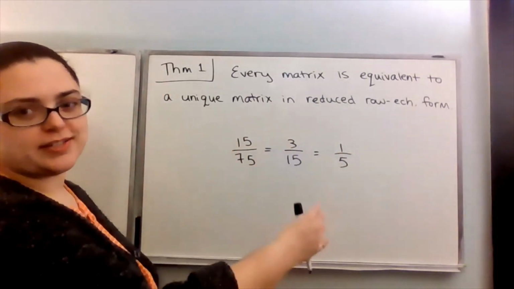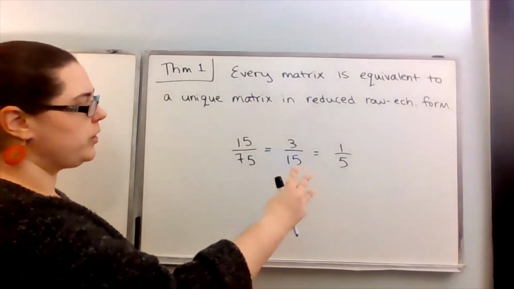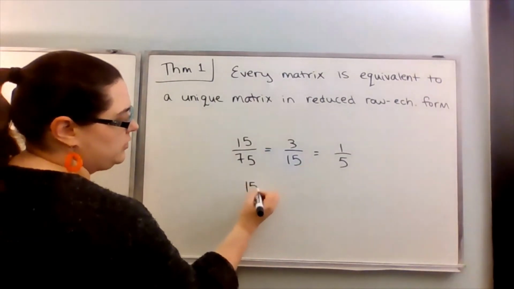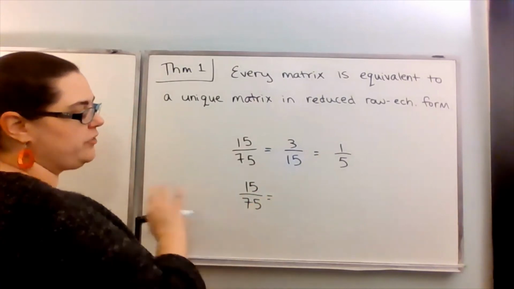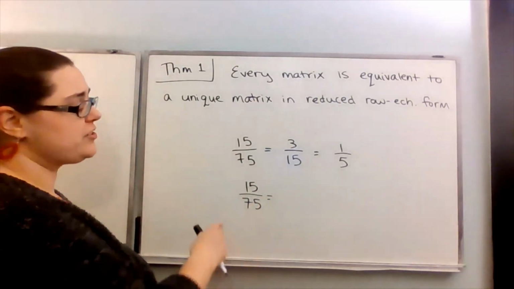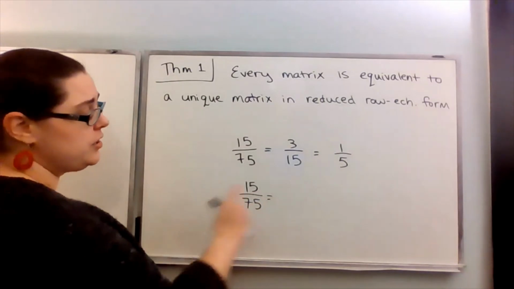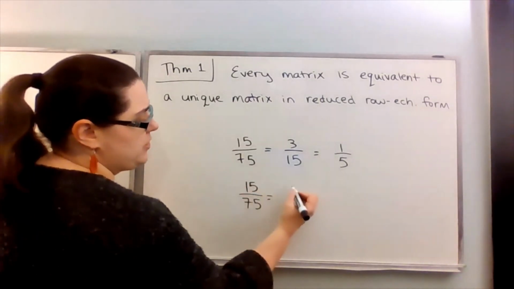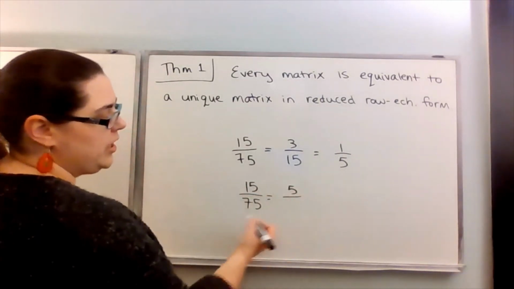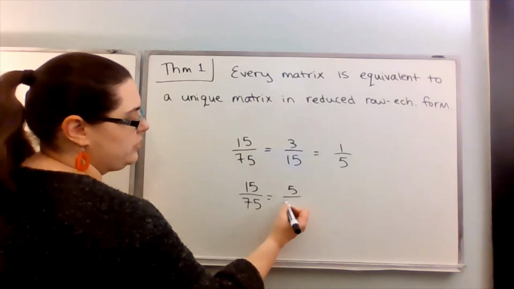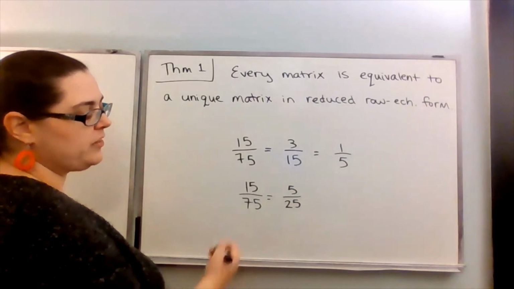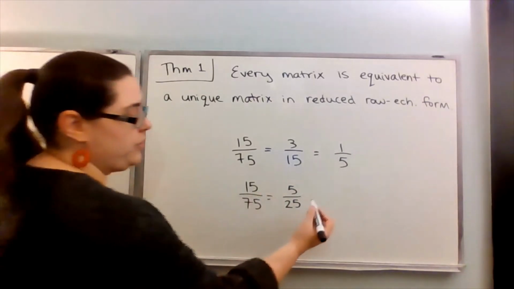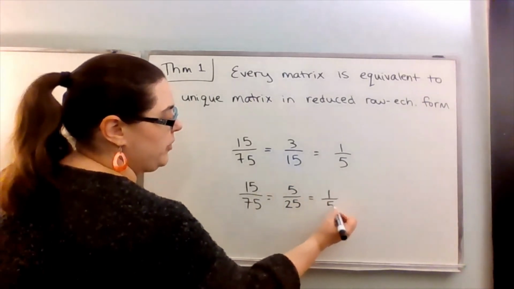So this is one process I could use to simplify the fraction, right? However, there's another way. I mean, there's a few different ways. Suppose instead of canceling out a common factor of 5, I saw that 3 goes into both of those. So then I could say, okay, 3 goes into 15 5 times, and into 75 25 times. And then I see 5 goes into both of those. So I get my 1/5.